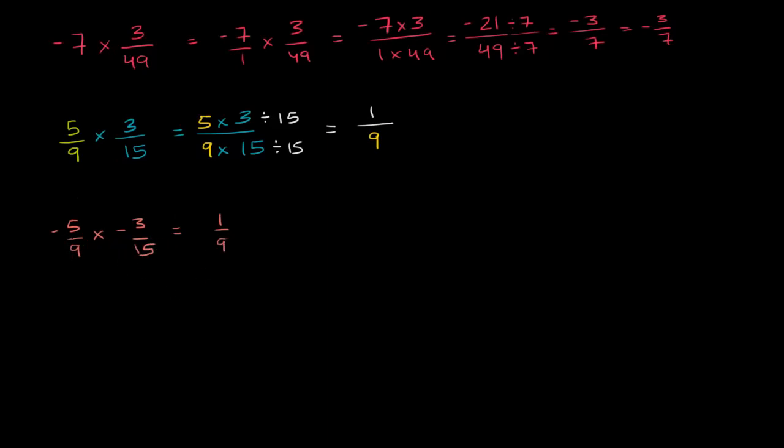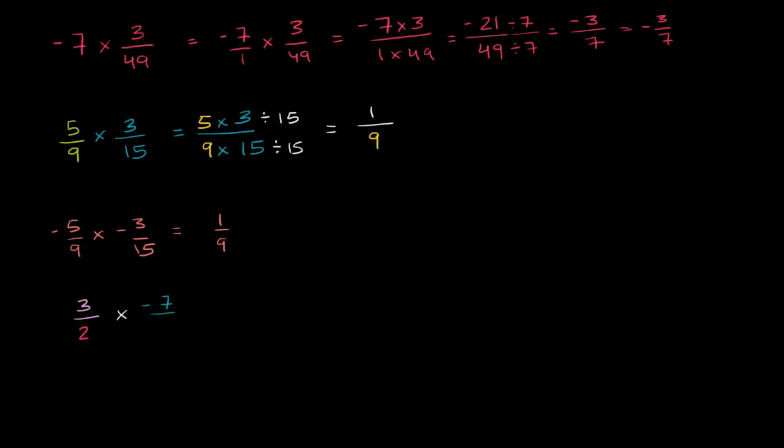Let's do one more example. I'm using the number 5 a lot. So let's do 3 over 2, just to show that this would work with improper fractions. 3 over 2 times negative 7 over 10.